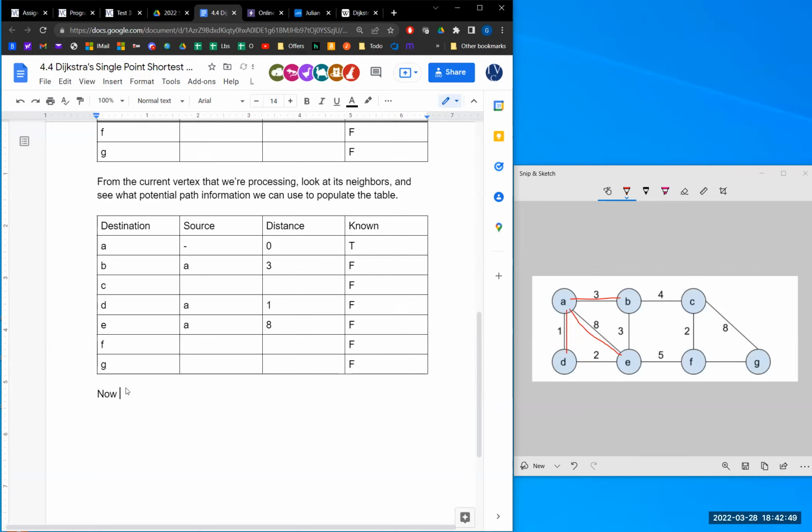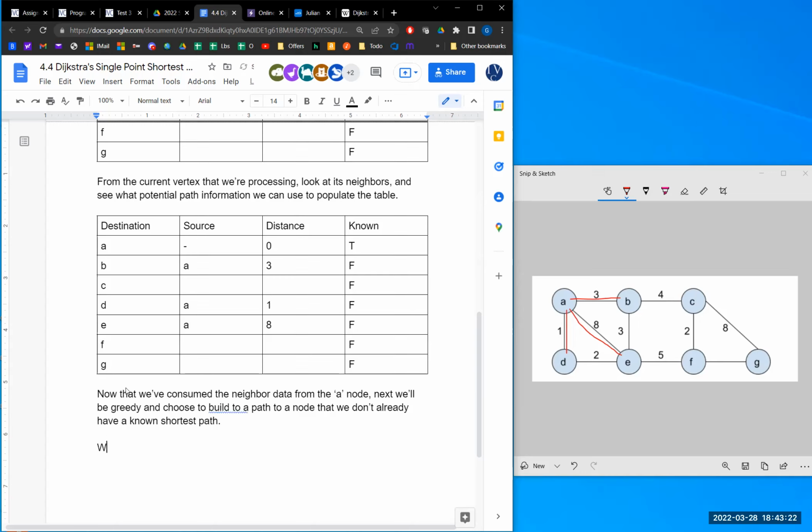All right, so now that we've consumed neighbor data from A, the A node, next we'll be greedy and choose to build a path to a node that we don't already have a known shortest path.